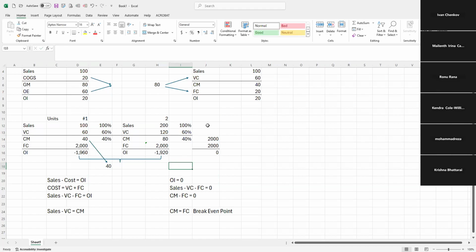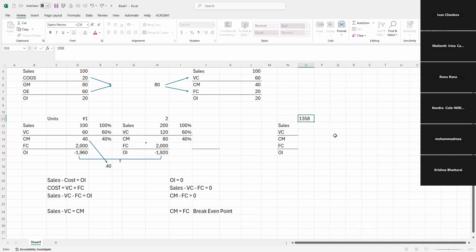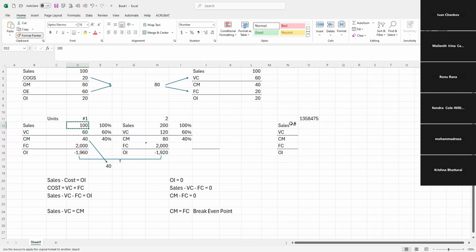Now the question is, if I want to sell 1,358,475 units, imagine somehow I can do that, as a percentage, how much will be my sales?